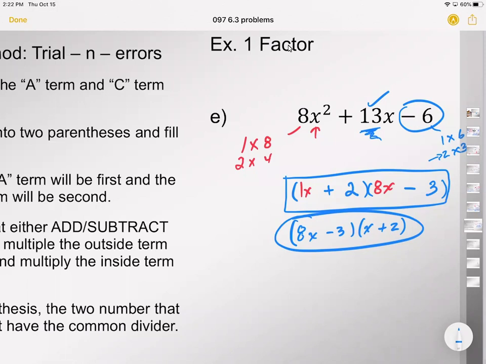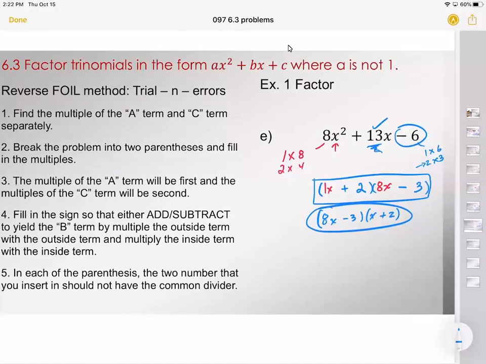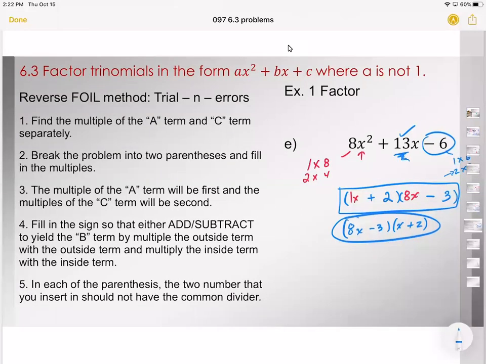Okay. Let me pause and ask you guys a question with this particular problem, this particular method. If you see a little bit of confusion, or you say, oh man, I don't have the patience to keep on guessing and guessing, we will have another method for you.